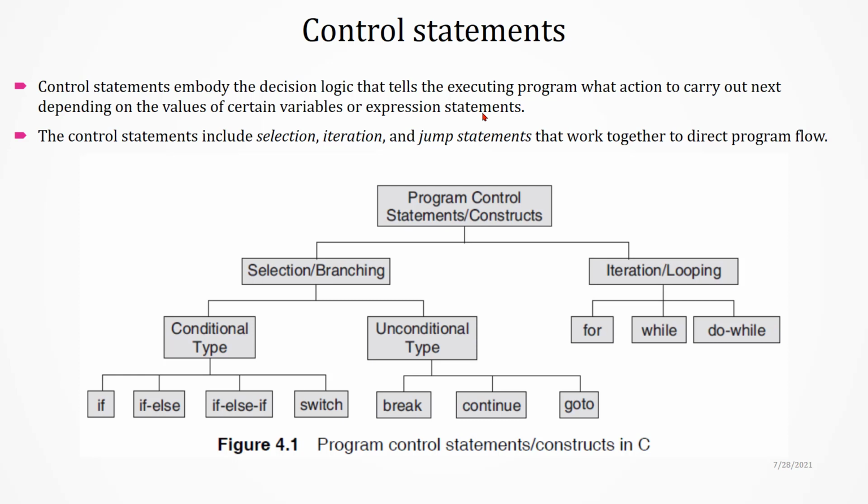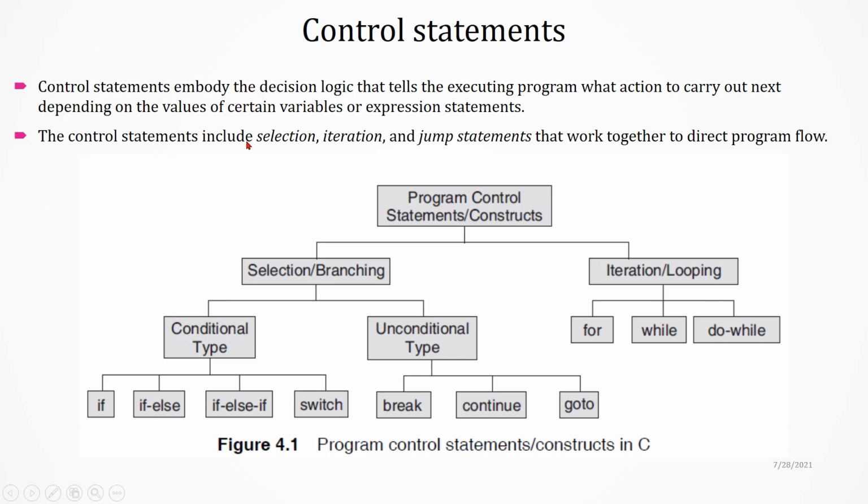We will decide whether to execute a certain set of statements, or to execute another set of statements, or to skip some set of statements. These decisions are made based on some variable values or some values of expression statements.